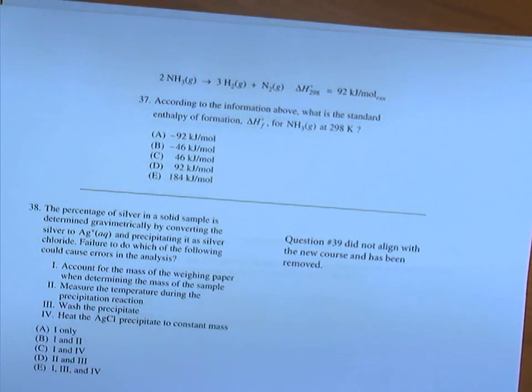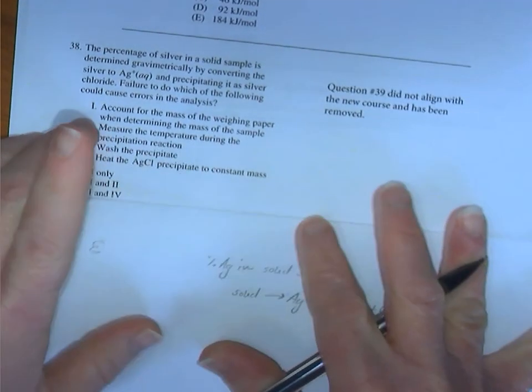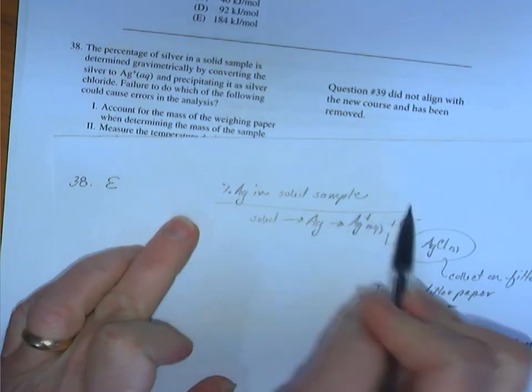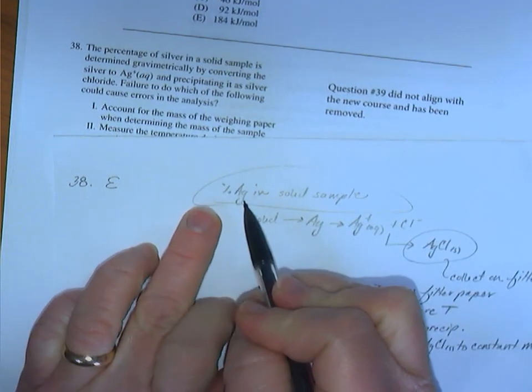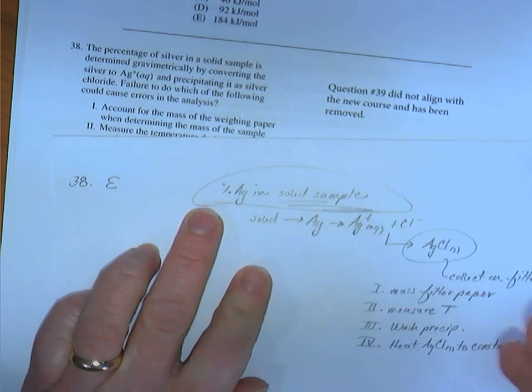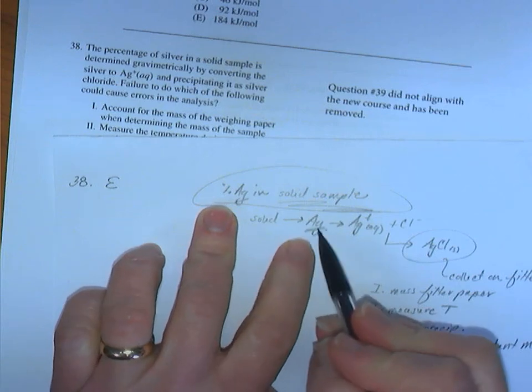38. So we are being asked to think our way through a lab procedure that we would follow to determine the percent of silver in some kind of solid sample. So you have a certain mass of sample that has, we assume, elemental silver.